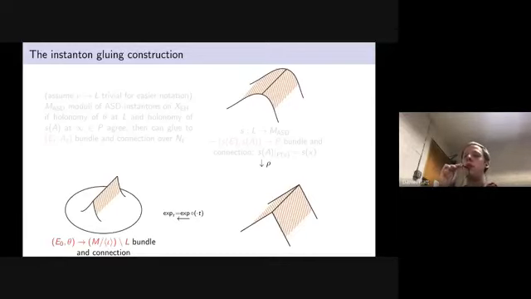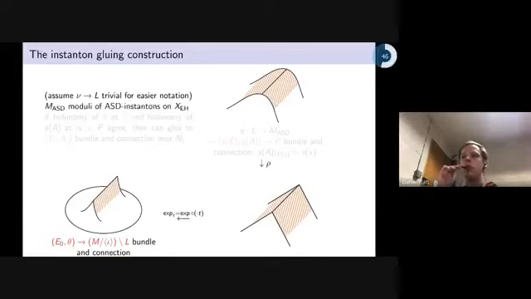First, take some bundle E0 with connection theta on the regular part of the orbifold. To make notation easier, let's assume that the normal bundle mu is trivial. It doesn't really matter for the connection, but for the construction it makes things easier to write. The other notation we need is MASD for the moduli space of ASD instantons on Eguchi-Hanson space.